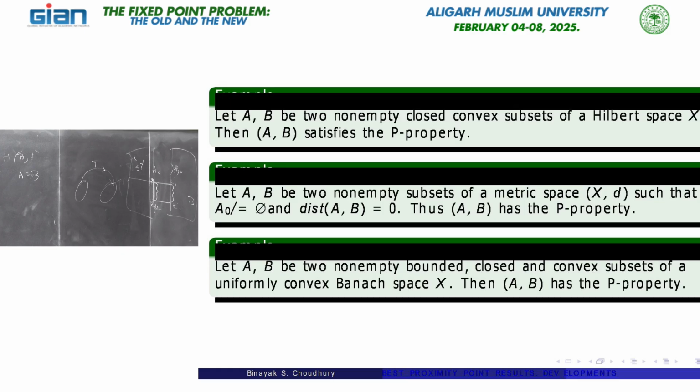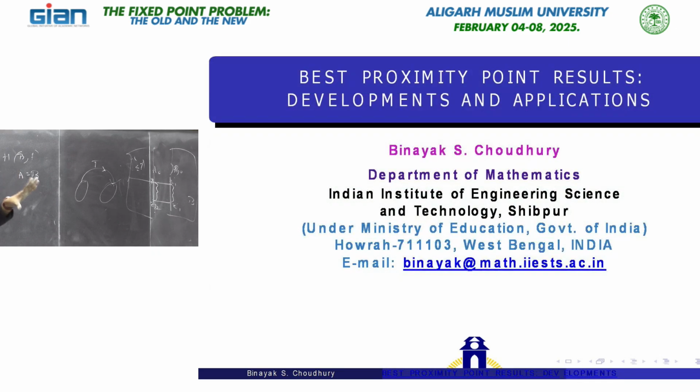So when you use this P property, what is automatically satisfied in a uniformly convex Banach space or in Hilbert space, you are just borrowing the idea, not the technicalities, in an ad hoc manner from those structures into your metric space, because in your metric space you have no structure.